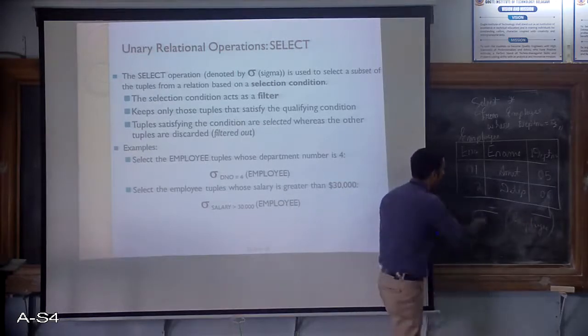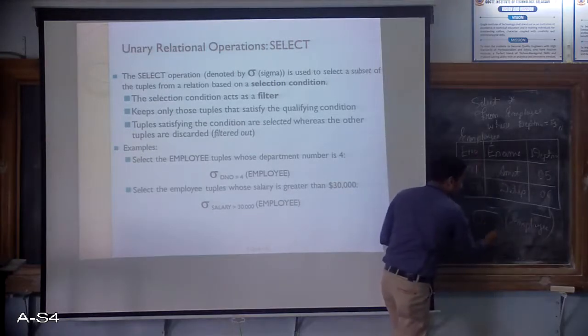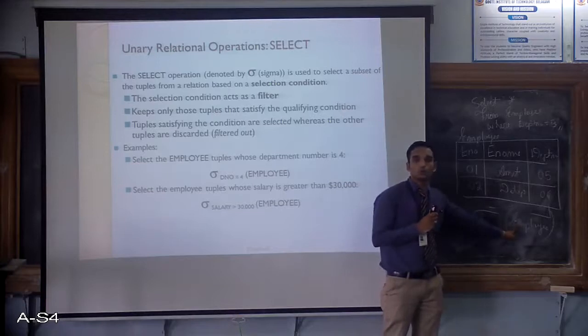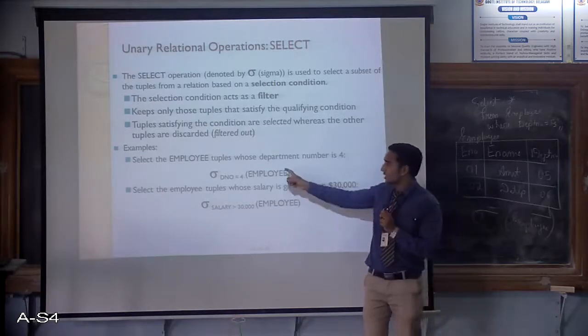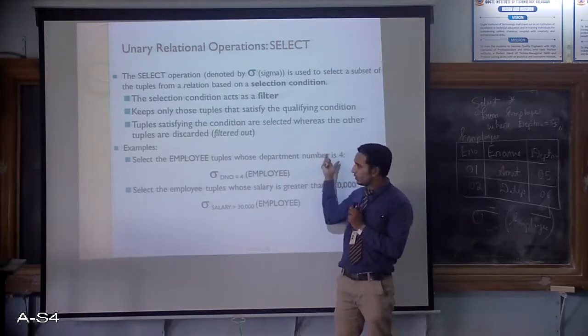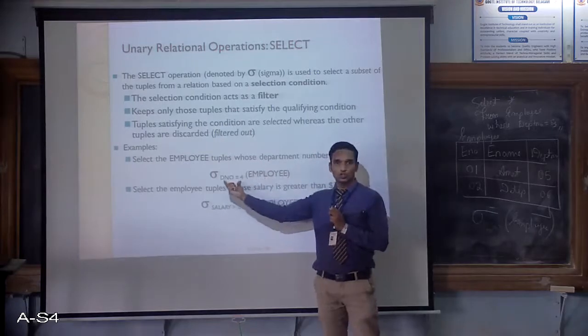Again, as I said, since your where is optional, the condition is optional here. So this will select all the rows from the relation employee. If at all you want only specific, as it is mentioned here, employees who belong to department number 4, how can I write it? Whichever is the condition should be written in the condition clause here.